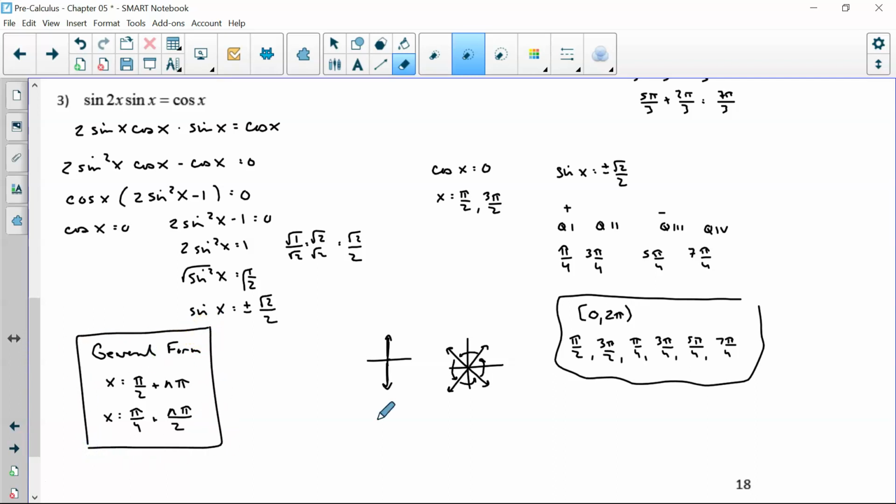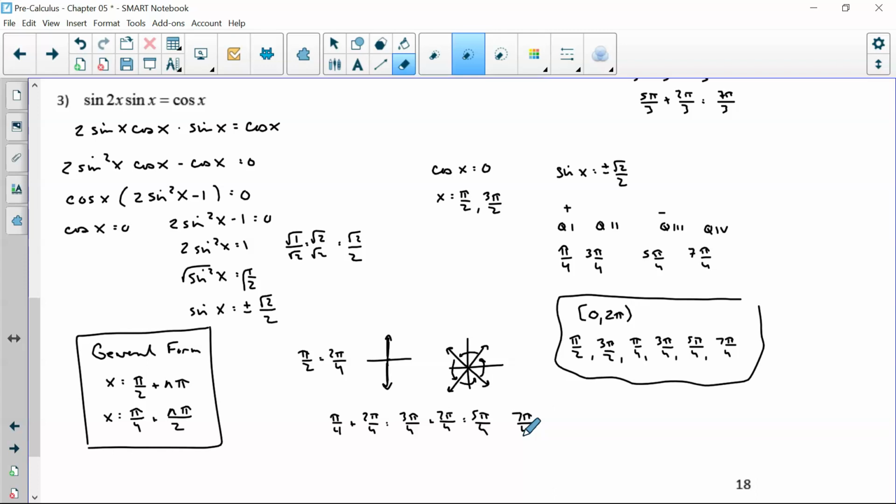And just to kind of show you, pi over 4 plus, now pi over 2 is the same as 2 pi over 4. So when we add that 2 pi over 4, we're at 3 pi over 4, our other answer. We add another 2 pi over 4, we're at 5 pi over 4. And then we add again, we're at 7 pi over 4. So if you can see, it's accounting for all of those answers.